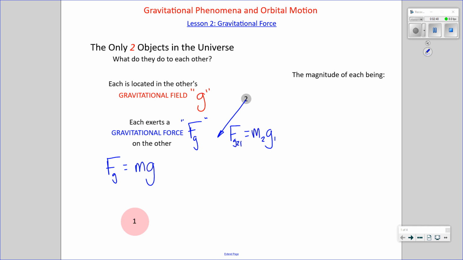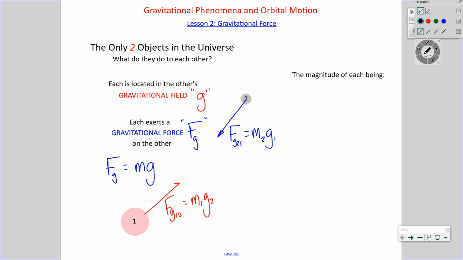It depends on 2's mass and the strength of 1's field. Well, here's a force exerted on object 1, and that Fg on 1 by 2 is equal to, well, let's see, 1's mass and the strength of 2's field.